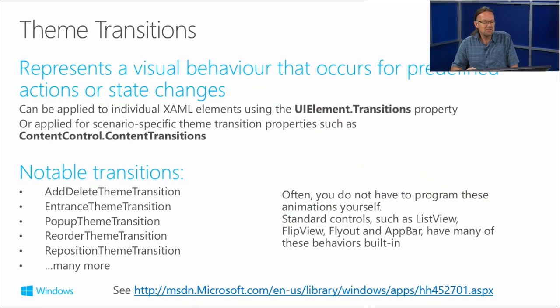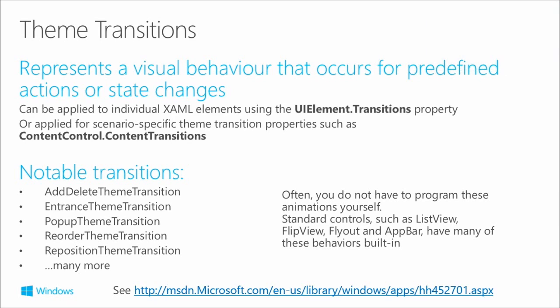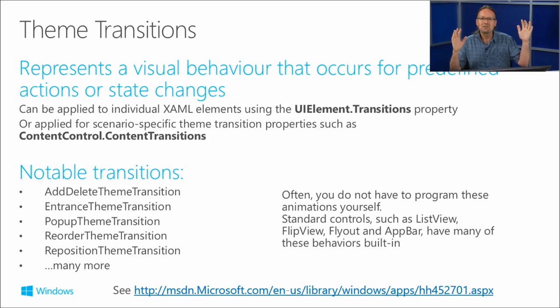I mentioned these theme transitions. There are loads of them. They're documented in the MSDN documentation, and there's a link at the bottom there. These are all the themes that, if you remove an item from a list view, actually it doesn't just disappear. There's some nice animation, and the list view has this built in. There's a nice animation as the original item fades away, and then the rest of the list closes up the gap in a nice animated way.